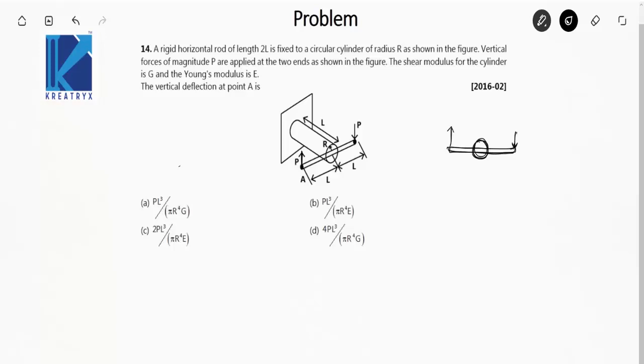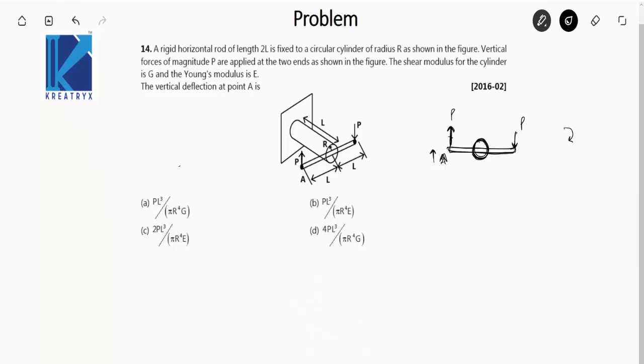There's a load P acting in upward direction, and they will actually try to rotate the rod in clockwise direction, and due to these two loads there will be a couple that is actually rotating the rod in clockwise direction. So this point A will try to move upwards.